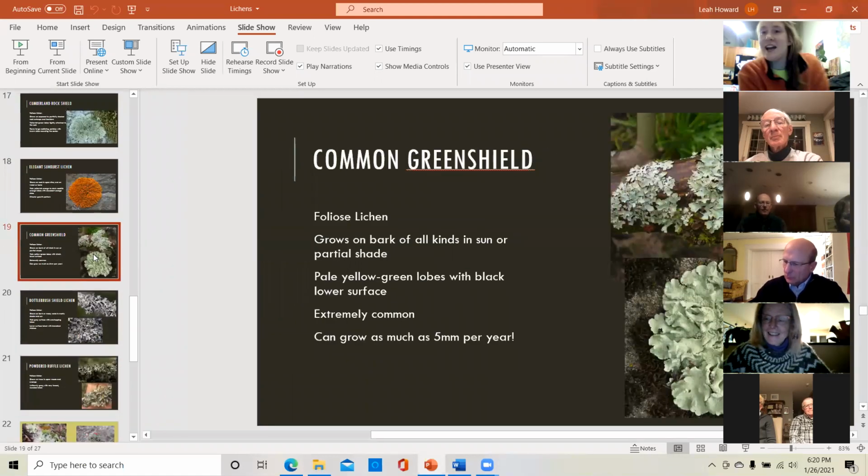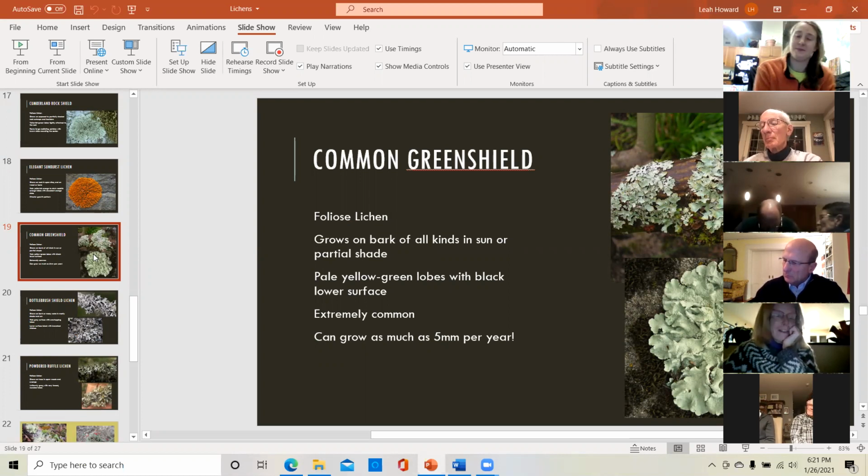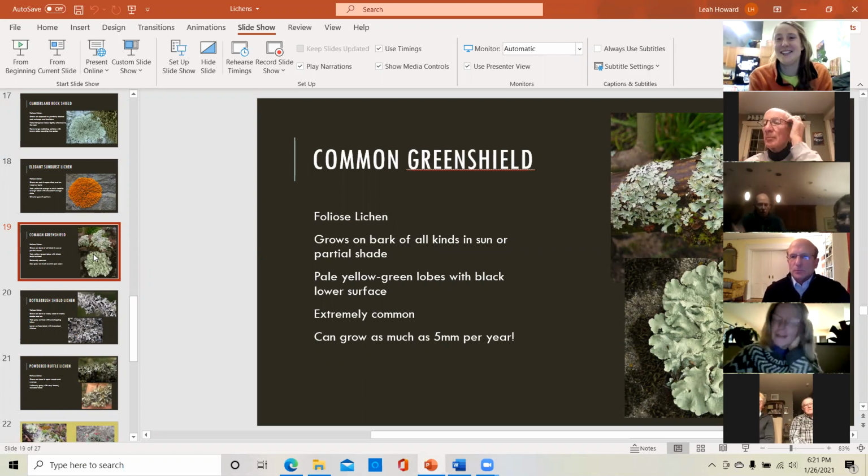It's breaking down the wood. So if you want to slow that process down, then I would scrape it off. If you don't mind breaking down the wood, then you can keep it on. It's quite lovely, but I thought, ugh, I'm going to have to rebuild the deck.